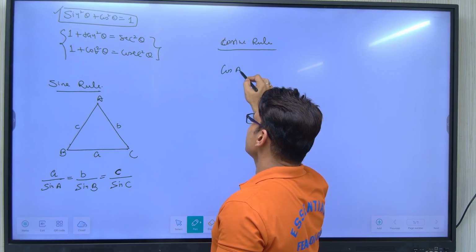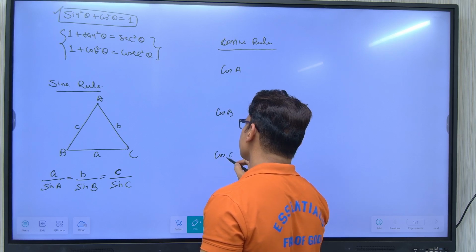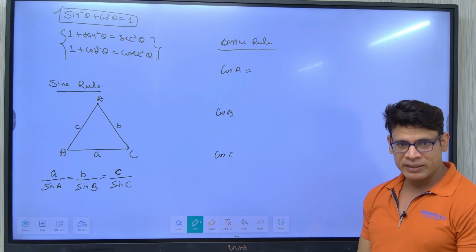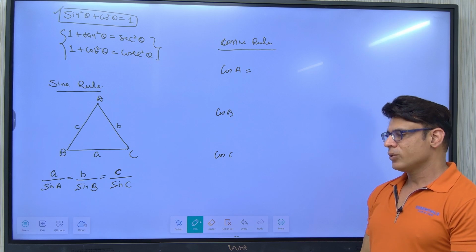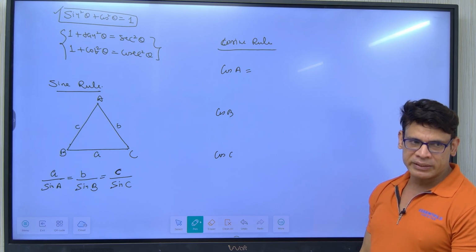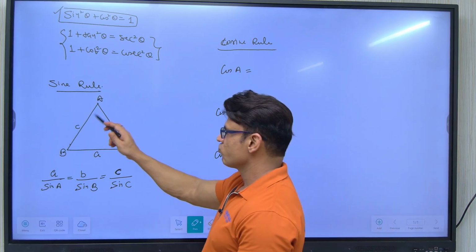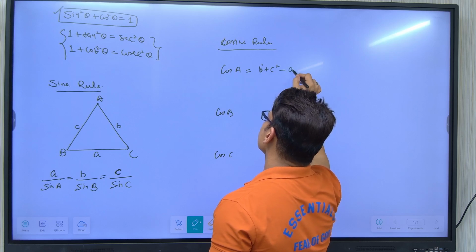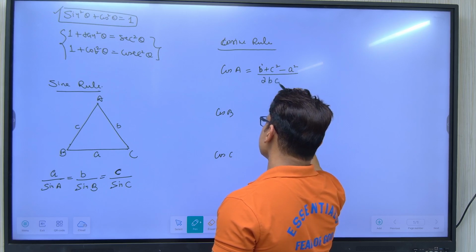First is cos of A, second is cos of B, third is cos of C. So when I am taking angle A, that's cos of angle A. Then tell me the adjacent sides of angle A. Right? इसका स्क्वायर करना, b square plus c square minus a square over twice of whatever you are taking, bc.